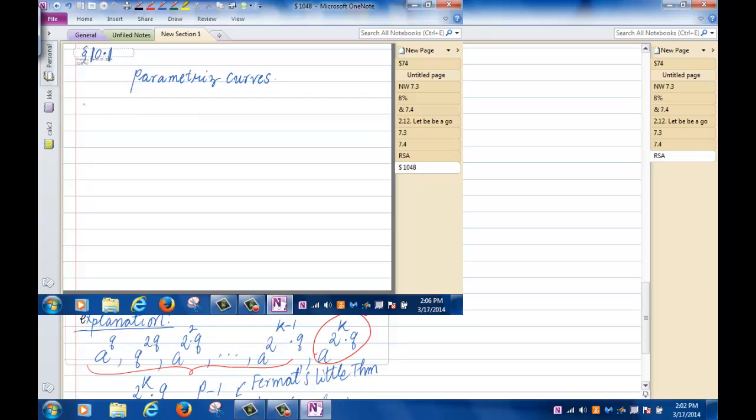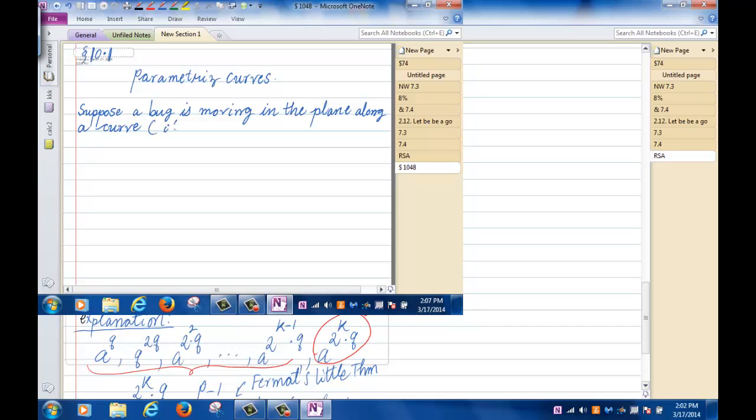So let's suppose a bug is moving in the plane along a curve, and the curve will then be its path.